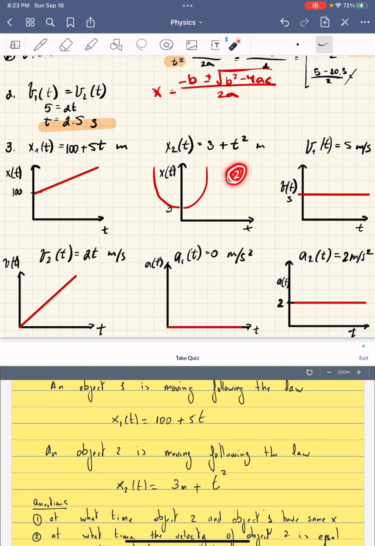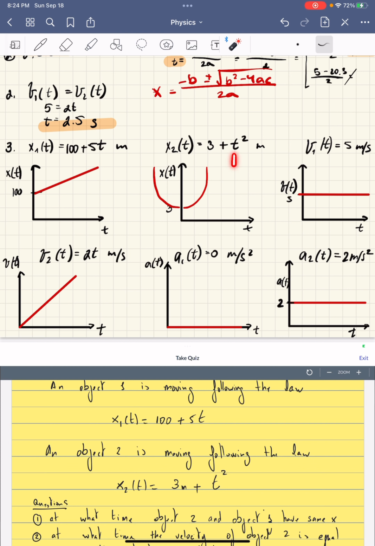So for equation number 2, we already have this as given. When we have a power of 2 here, it means that we will have a parabola. A parabola is this shape. So we can plug in 1 or minus 1, and we still will have a positive number because of the square. So let's say we plug in 0, we get 3, so it means that the object starts at 3 when it's 0 seconds.